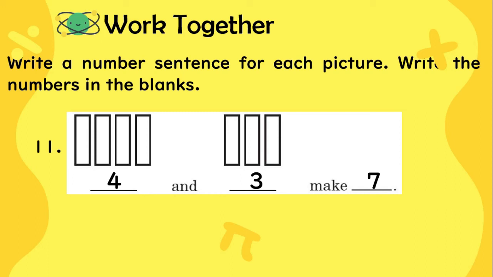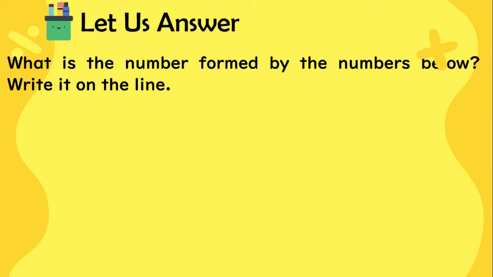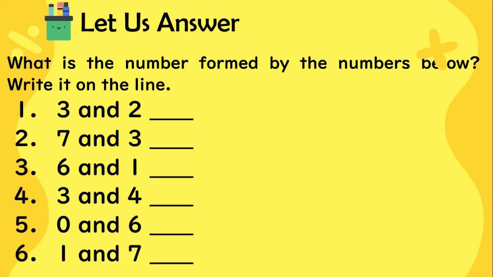Very good. Now let's proceed to page 46 of your book. Let us answer. What is the number formed by the numbers below? Write it on the line. So for number 1, we have 3 and 2. That will be 5. Very good. Number 2, 7 and 3. That will be 10.